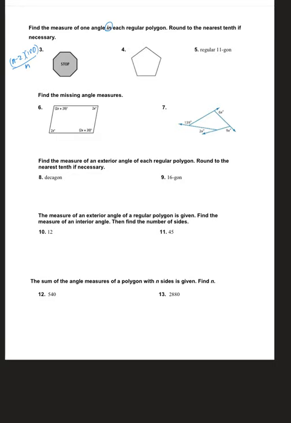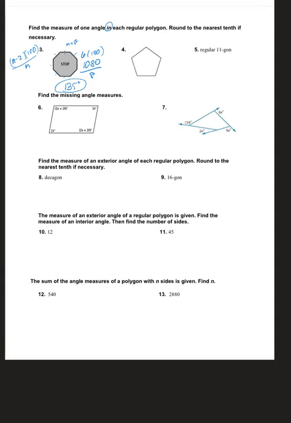This has 1, 2, 3, 4, 5, 6, 7, 8 sides. n is 8. 8 minus 2 is 6. 6 times 180 is 1080. Now we just divide by n, so we divide by 8. 1080 divided by 8 is 135. So each angle here is 135 degrees.